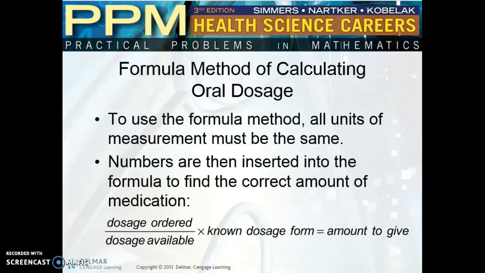In your book, they put the dose ordered over the dose available. They divide those two, and then multiply it by the known dosage form to calculate the amount to give. I use the same formula, but I word it a little bit differently. So let's take a look at an example, and I'll show you what I do.